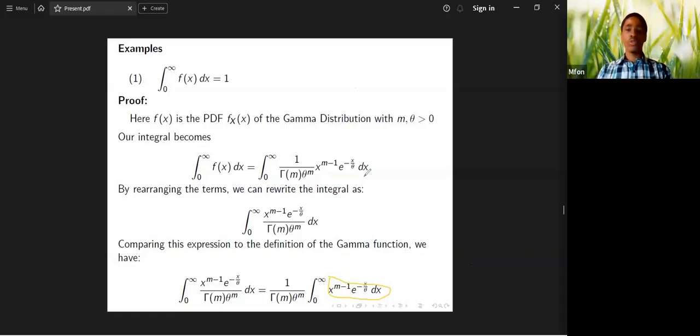So here now, we'll let u equal x over theta.